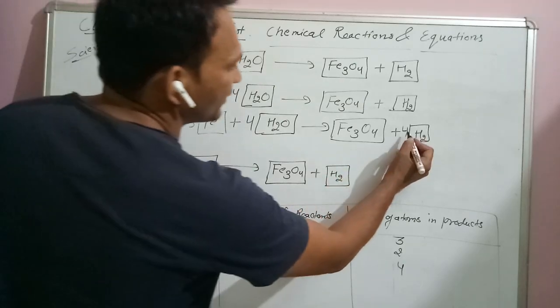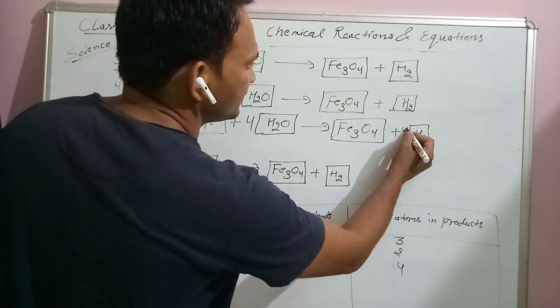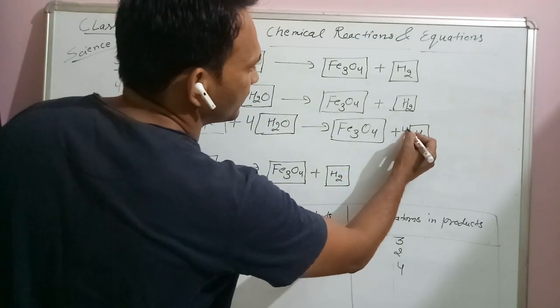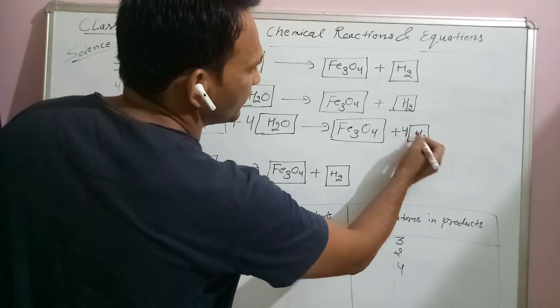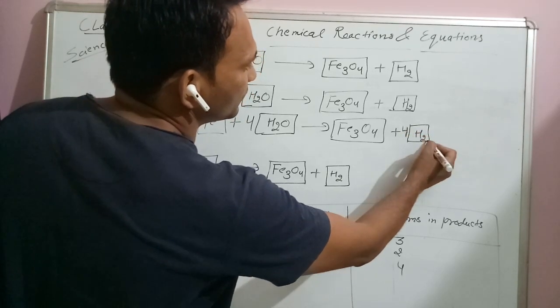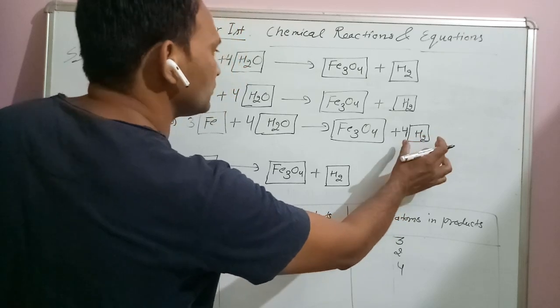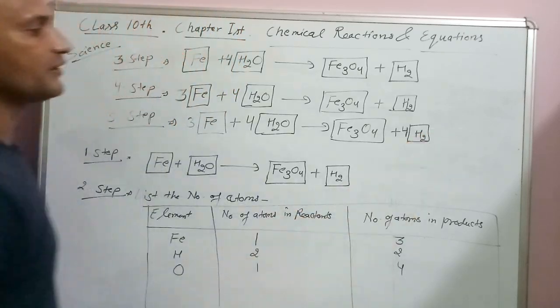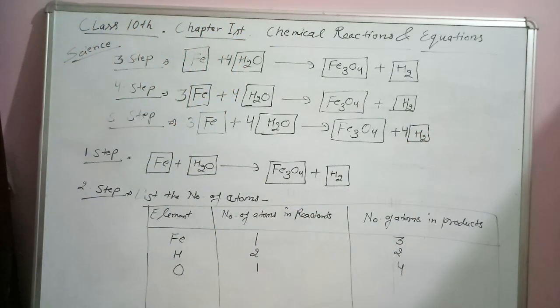Now it also becomes, as we discussed, 4 multiplied by 2 becomes 8. So here 8 hydrogen atoms are present in the product side and 8 hydrogens are present in the reactant side.